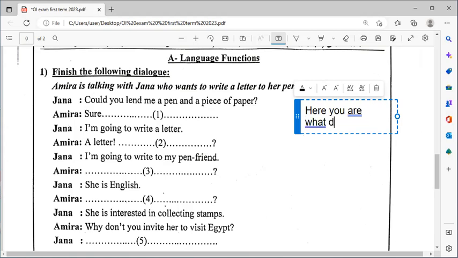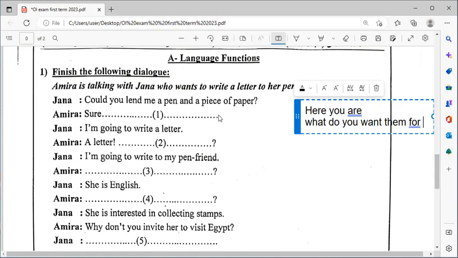I put two answers here because some students tell me there is no question mark here. It's okay. Even if there is no question mark, you can make a question.